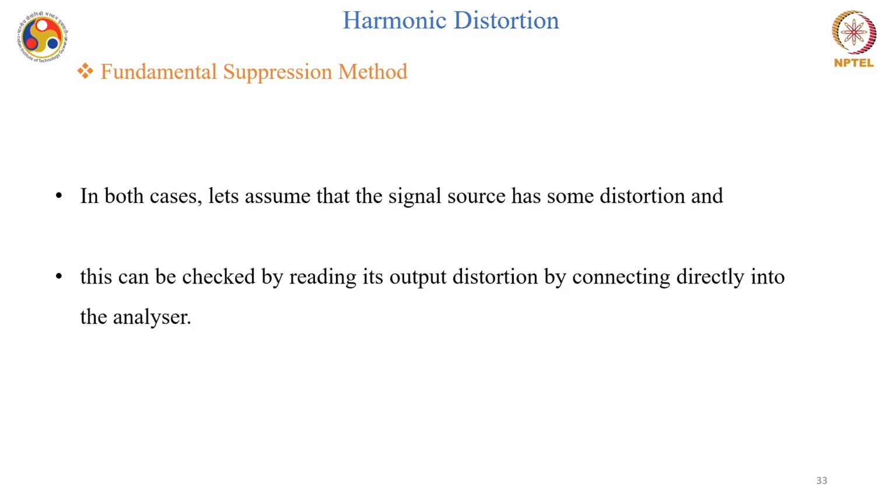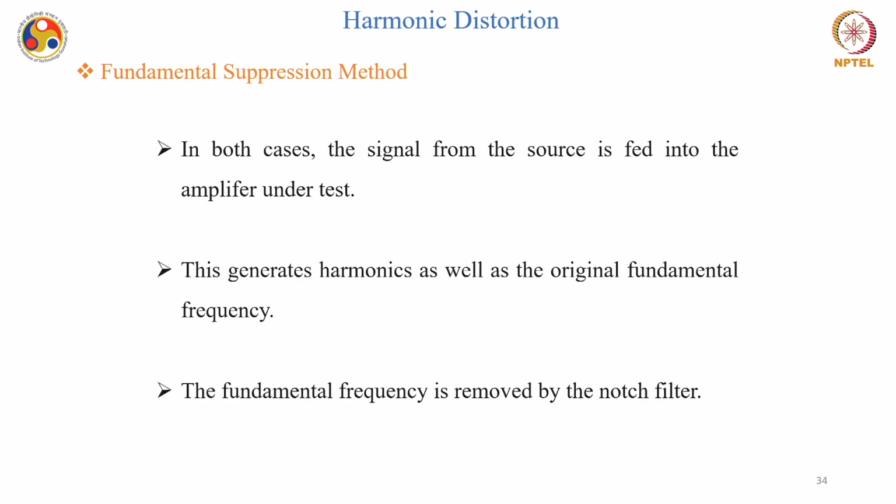Okay. In both cases, let us assume that the signal source has some distortion, and this can be checked by reading its output distortion by connecting it directly to the analyzer. Okay. In both cases, the signal from the source is fed into the amplifier under test, and this generates harmonics as well as the original fundamental frequency.